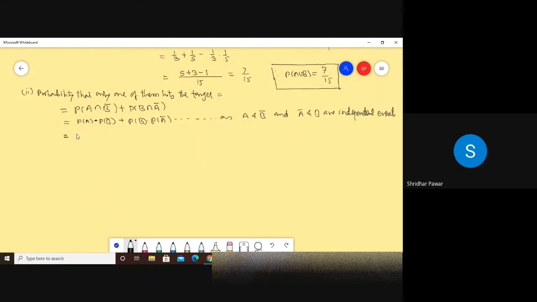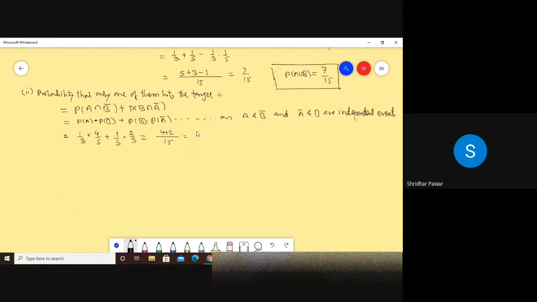What is P of A? P of A is 1 by 3. What is P of B bar? 4 by 5, plus P of B is 1 by 5, P of A bar is 2 by 3. So this is equal to, take 15 as the LCM, only addition of the numerators.